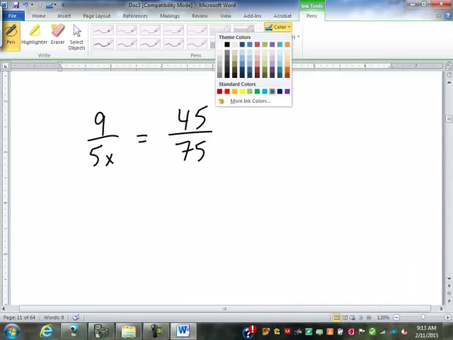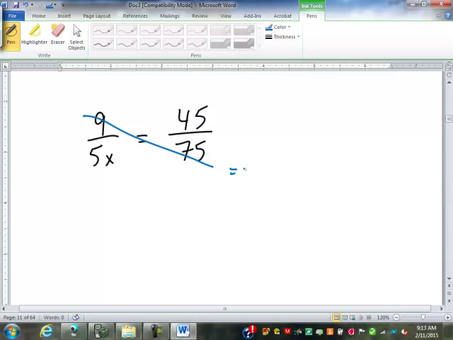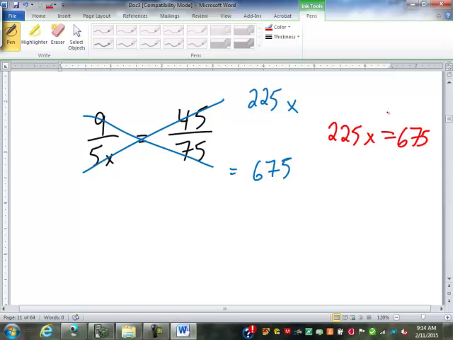So, we'll do 9 times 75, which is 675. 5x times 45, 225x. Then what? So 225x equals 675. We'll divide by 225. We get x equals 3.